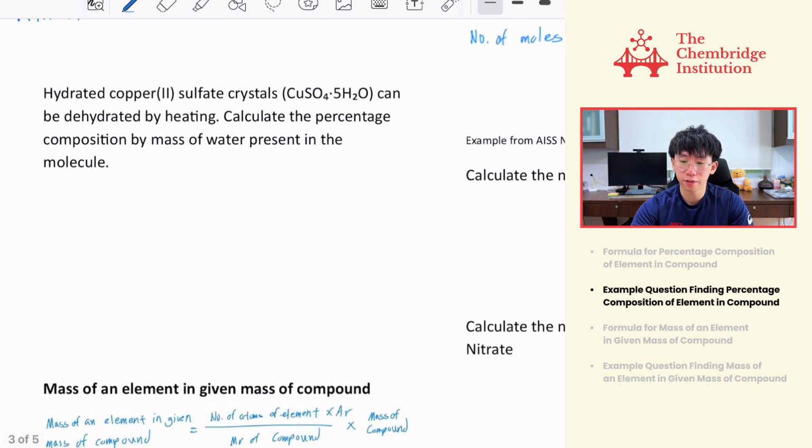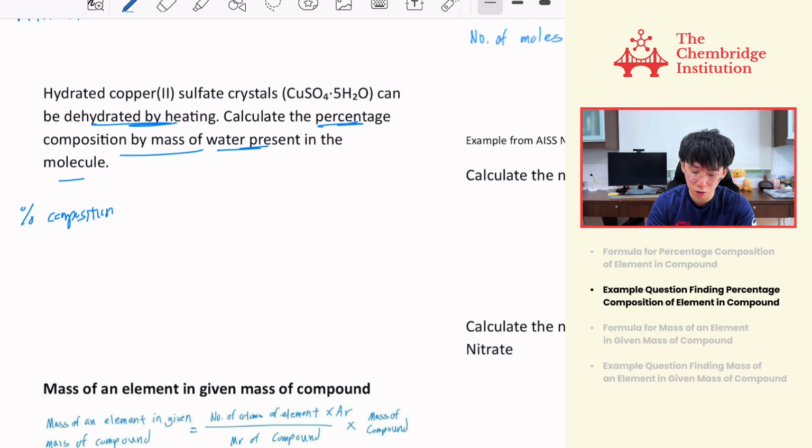Next, if you are ever given an example of hydrated copper 2 sulfate crystal, again, just treat this as a proper molecular formula. They say it can be dehydrated by heating, so calculate the percentage composition by mass of water present in the molecule. If they're asking for the percentage composition of a particular molecule, you just follow the question. They're finding the percentage composition of H2O inside this molecule.